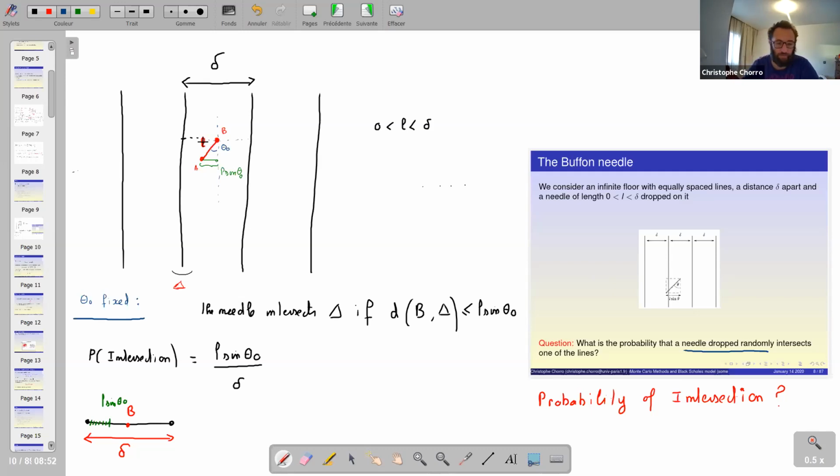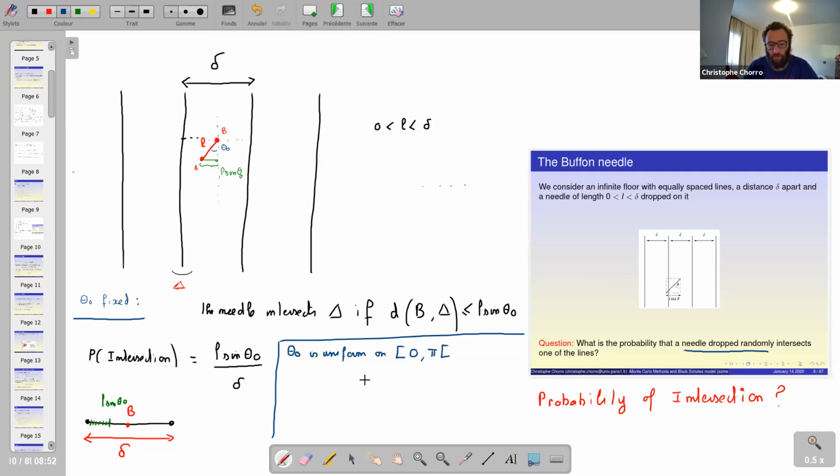So my remark here implies that theta 0 is uniform on 0 to pi, not 0 to 2 pi as an angle can be.